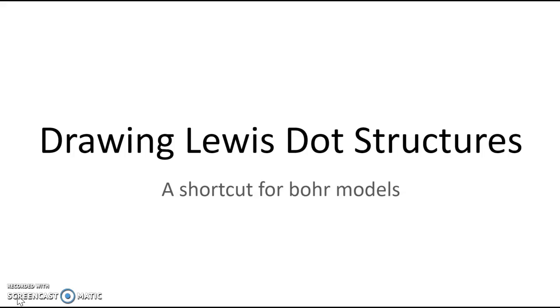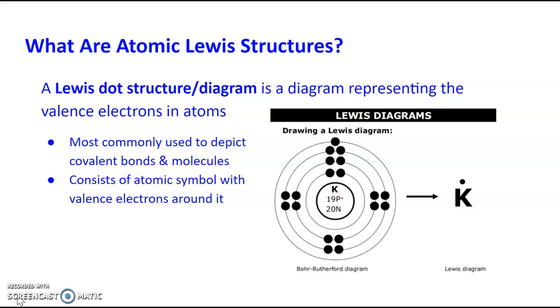So we've pretty much, to this point, spent a lot of time using Bohr models to look at atoms and how they are shaped and how they're behaving, but Bohr models are cumbersome to draw and they take a while, and so we want to do it in a more simple way. So a Lewis dot structure allows us to do that because it's a diagram that represents only the valence electrons, and it's super simple.